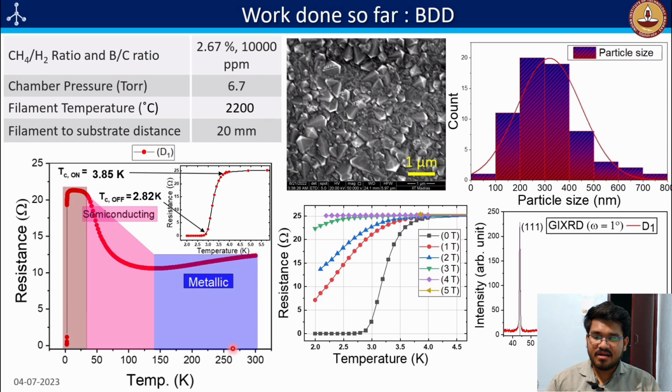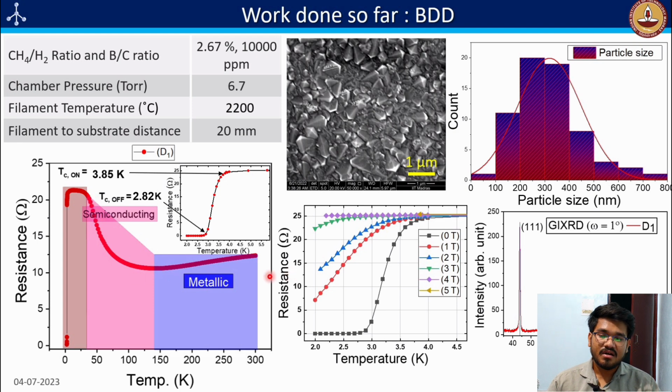I have measured over the temperature range down to 2 Kelvin. I have taken the transport data from room temperature to 140 or 150 Kelvin. There is a metallic behavior, and this sample is quite interesting because you can see that at different temperature ranges, different conduction phenomena kick in.